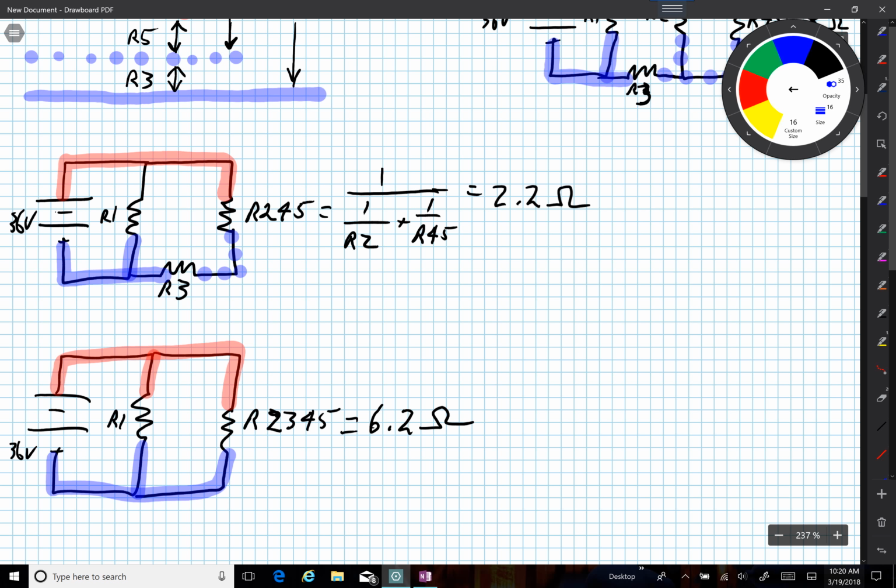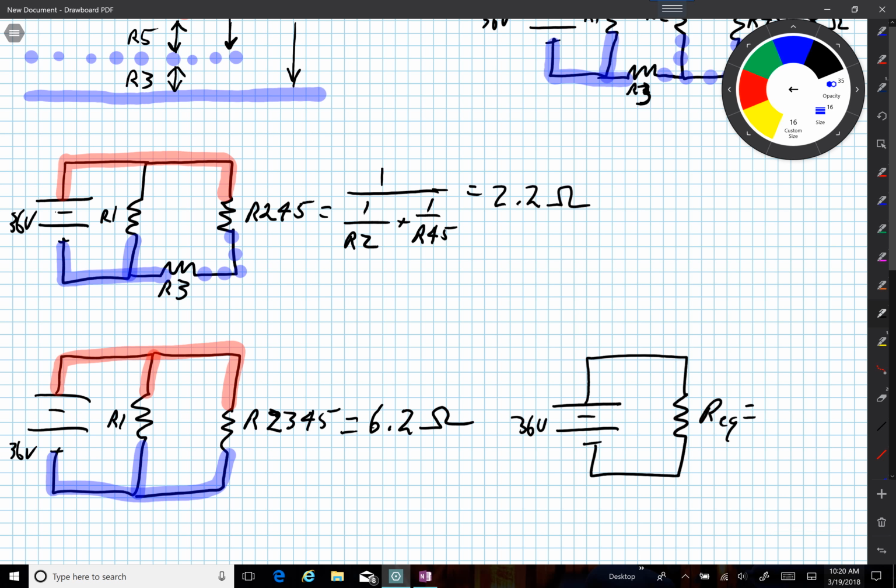And now these two are in parallel with each other. And so my final equivalent circuit, I get down to just one resistor in the whole circuit, 36 volts. This is R equivalent. And this is 1 over R1 plus 1 over R2,3,4,5.